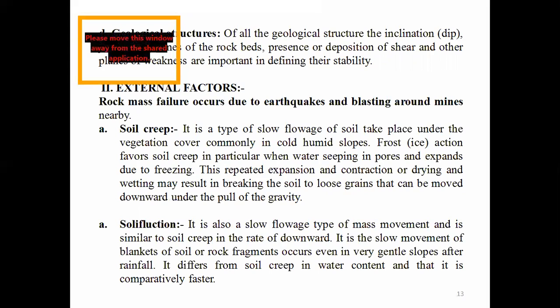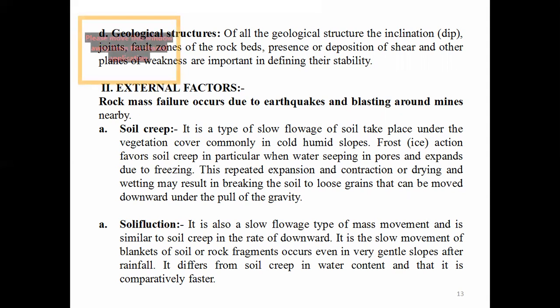Coming to the external factors, rock mass failure occurs due to earthquakes and blasting around nearby mines. In that category, soil creeping is a slow flowage of soil that takes place under the vegetation cover.